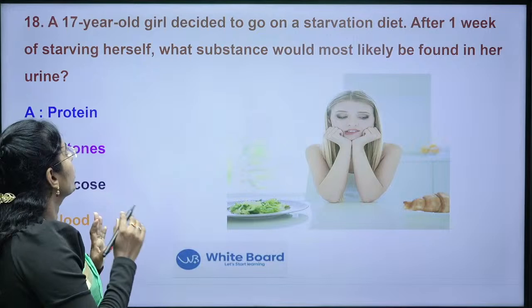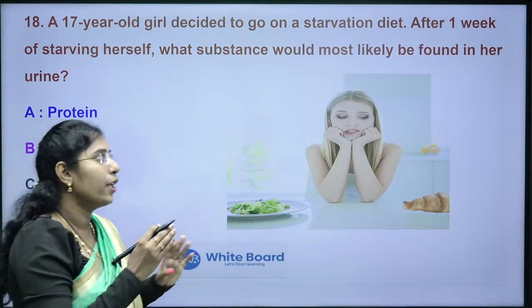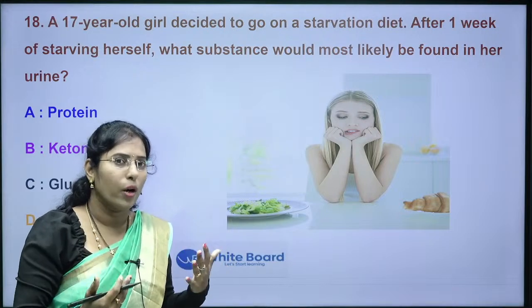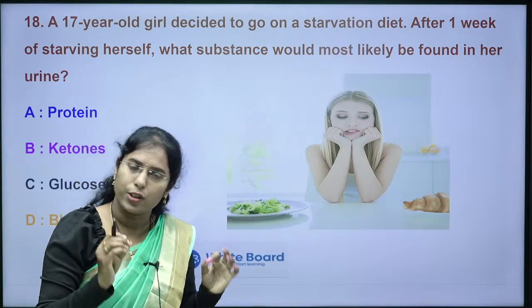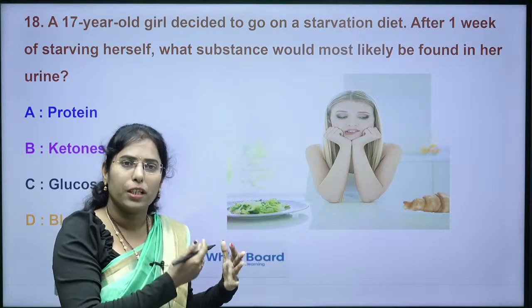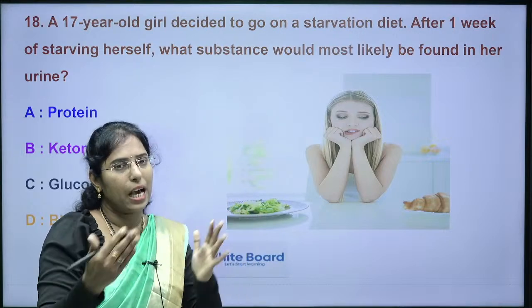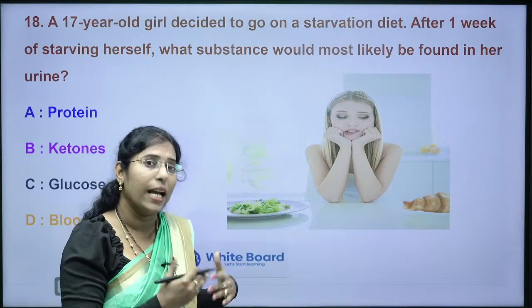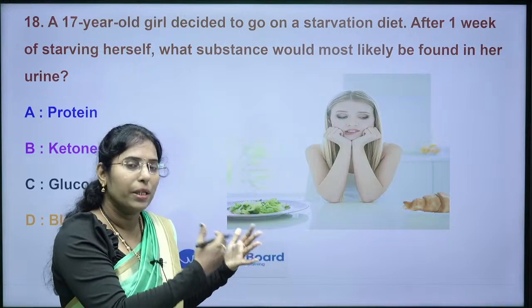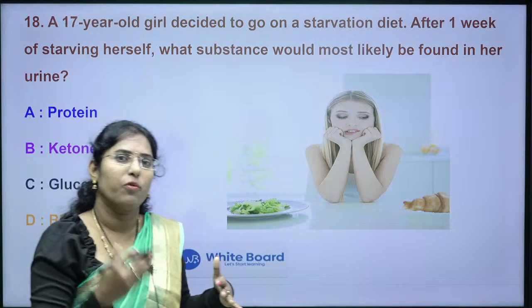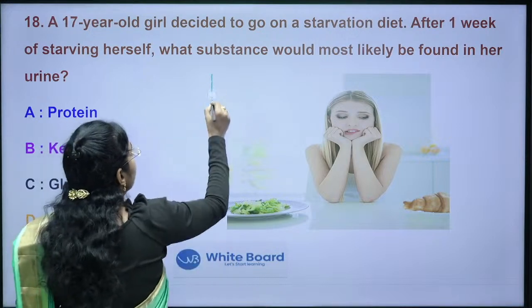Whenever any person undergoes starvation, our body, each and every cell, requires glucose. In that condition, the stored glycogen gets converted into glucose. If that is also used up, then the body starts burning fat. During the burning of this fat, it produces ketones.